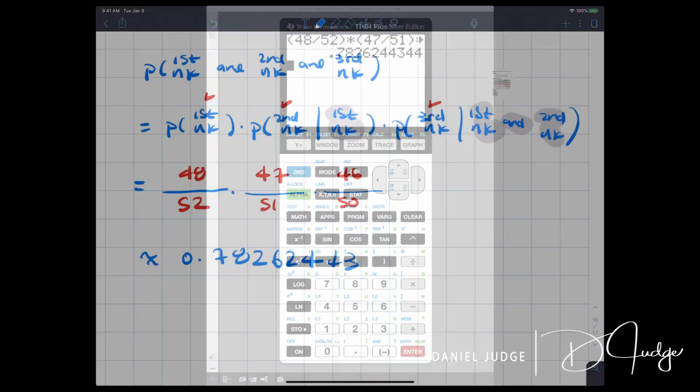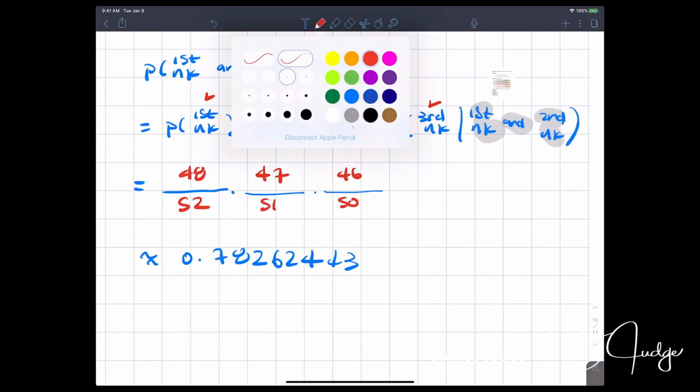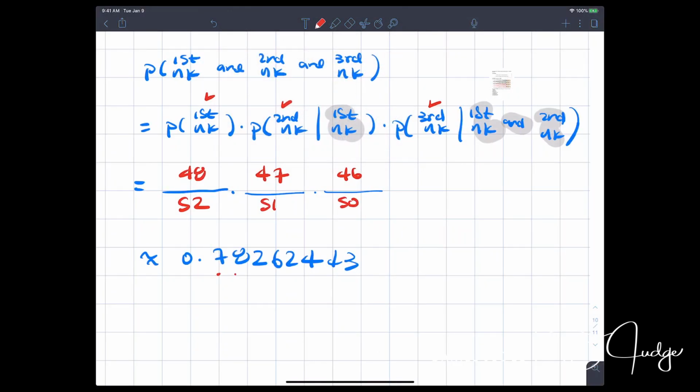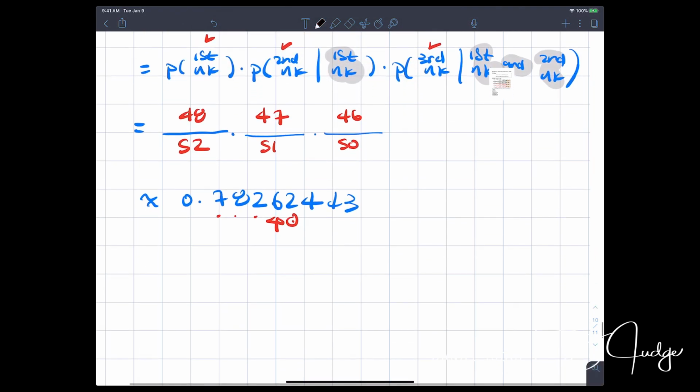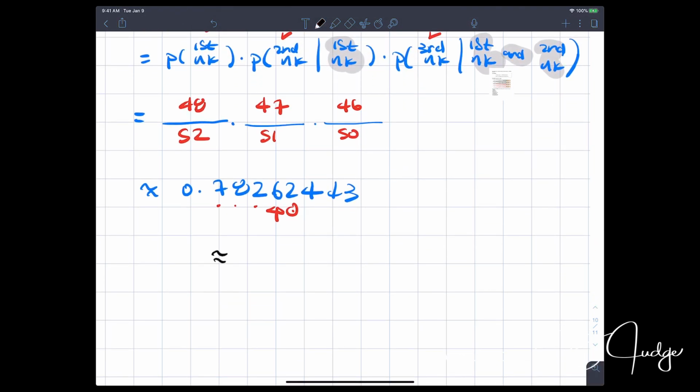And of course, we're going to answer this question to the nearest ten-thousandth. We look at the digit to the right. So the digit in the 10,000s position is the 6. But the question is, do we add 1 to the 6 or do we leave it alone?